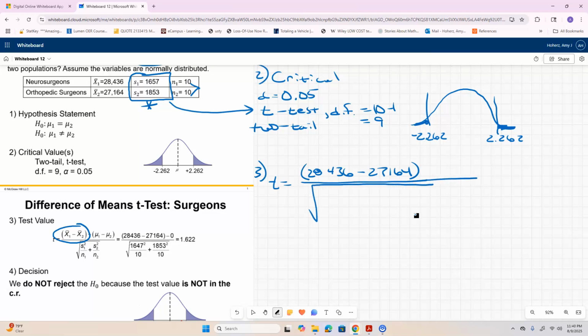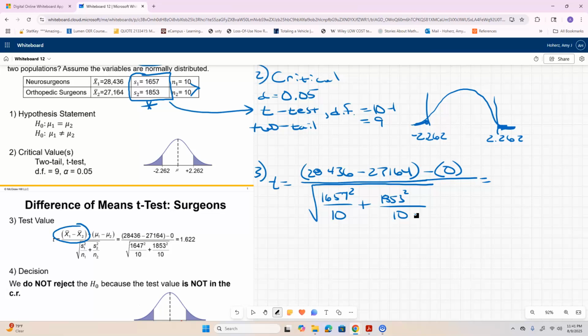Oh, and then our mu's are 0 because we had the assumption that mu1 equals mu2. Our s's are 1657 and 1853, so we're going to do 1657 squared on top of that one and 1853 squared on top of the other one. And then our n's are both 10.